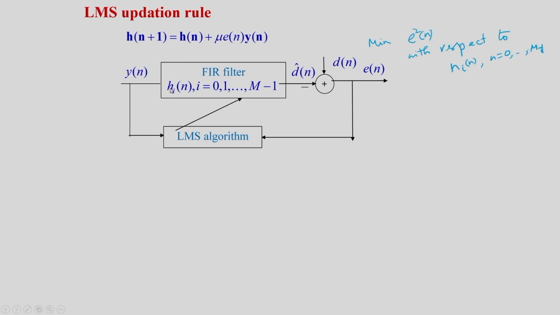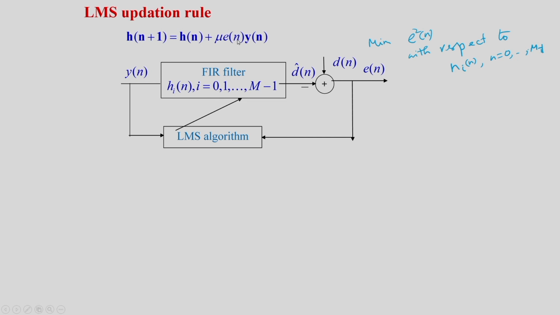So, y[n] is the input and this is the FIR filter, and then d hat[n] is the output, which is compared with the desired signal, and the error is fed back to the LMS algorithm. The LMS algorithm updates the filter coefficients by this rule.